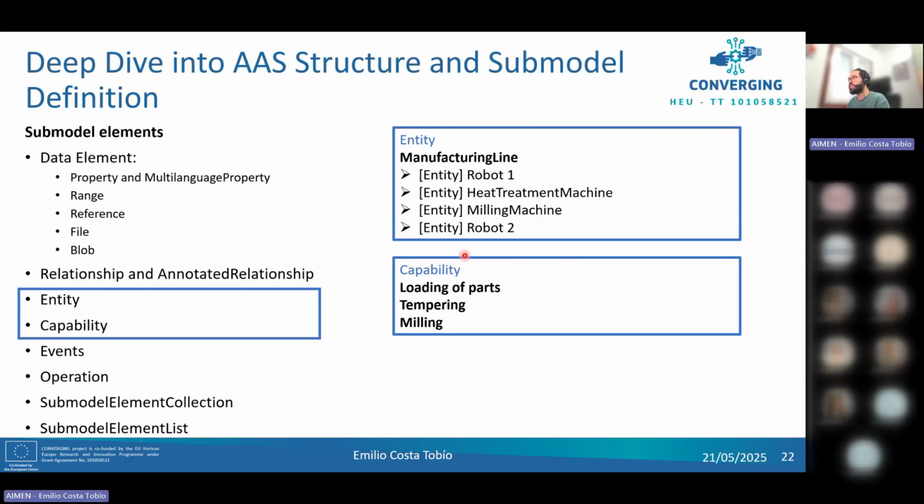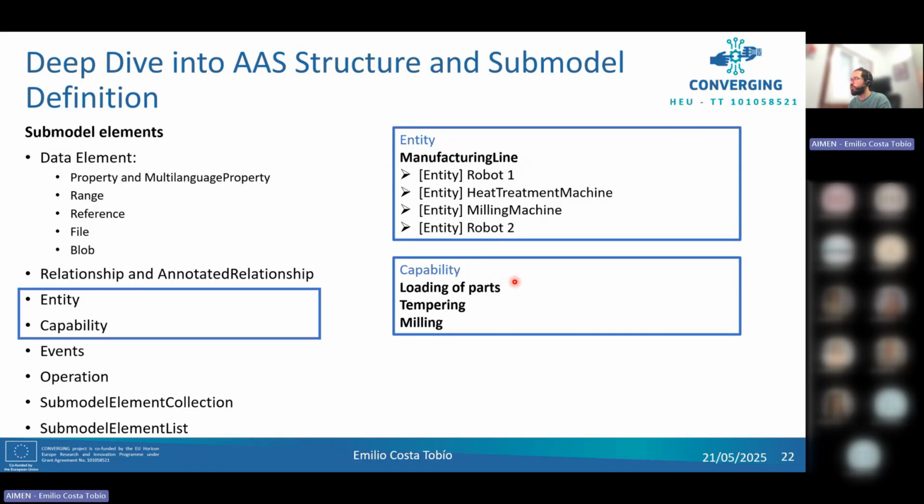And then after entities, we have capabilities. Capabilities relate, of course, to the capability, skill, and services modeling schema and explain the potential of an asset to achieve a specific goal. So what an asset can do, basically. For example, if we have a robot, its capability could be to load parts.